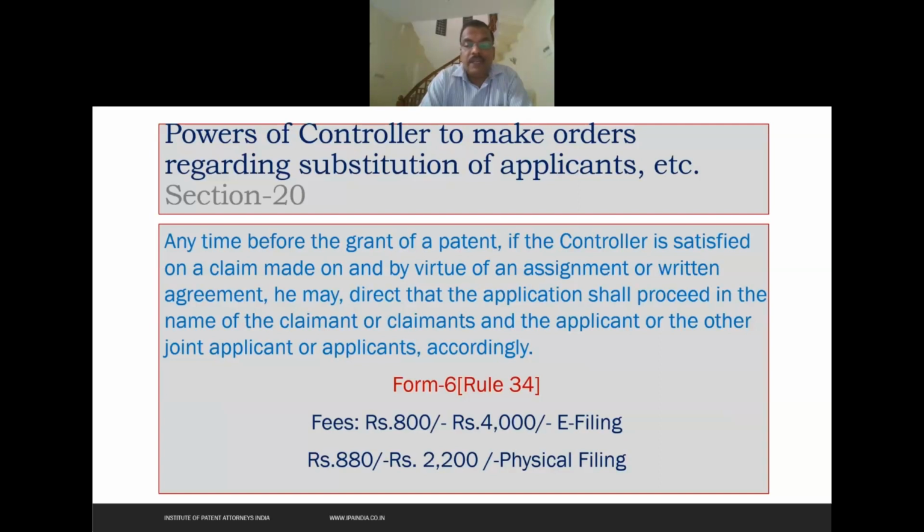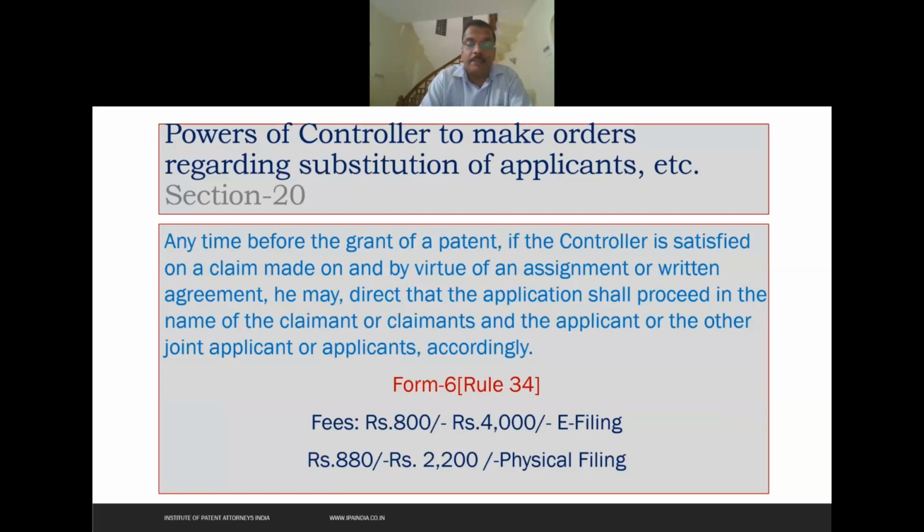Any time before the grant of a patent, if the controller is satisfied on a claim made on and by virtue of an assignment or written agreement, he may direct the application shall proceed in the name of the claimant or claimants and the applicant or the other joint applicant or applicants accordingly. Form 6, Rule 34. Fees is 800 for individuals and 4,000 for others.